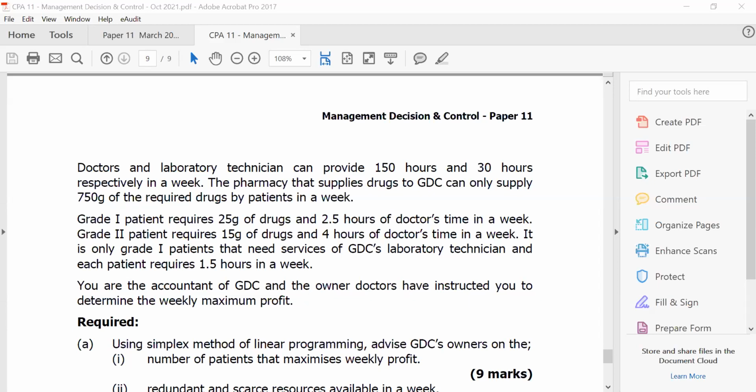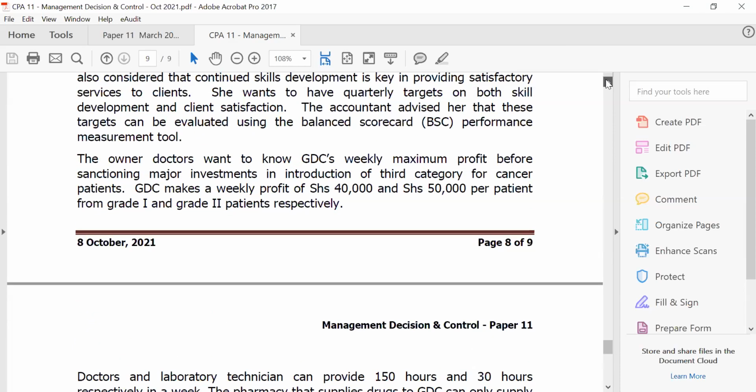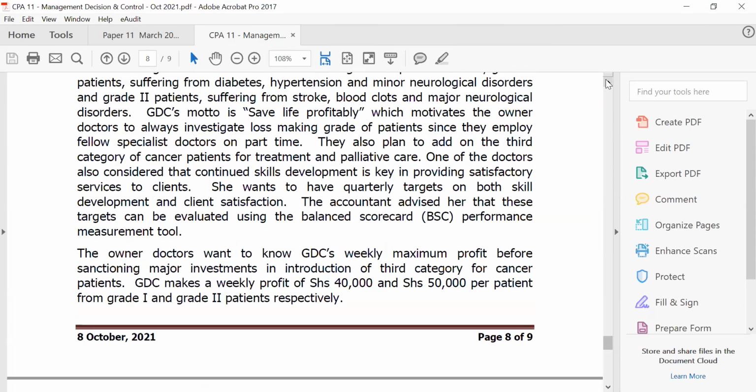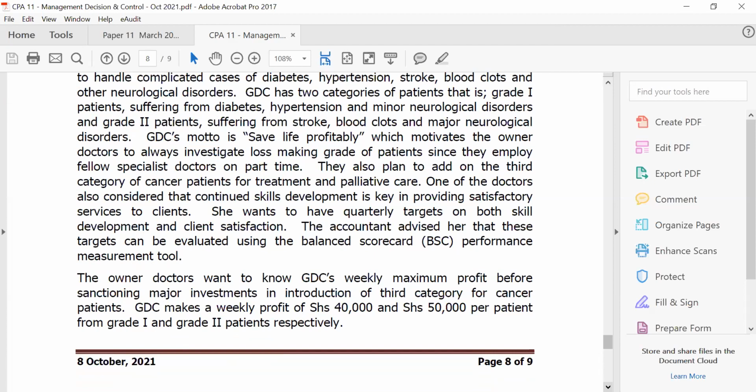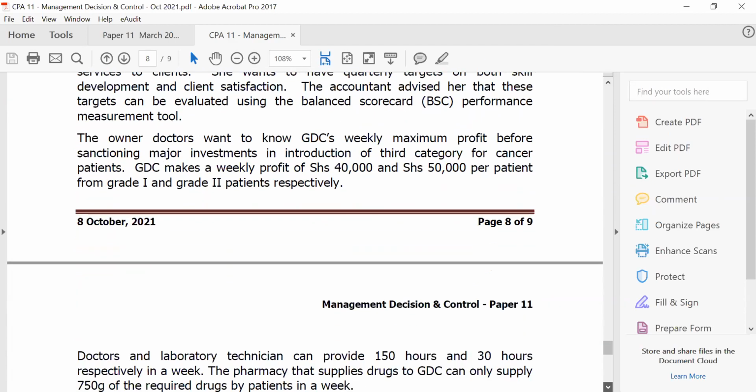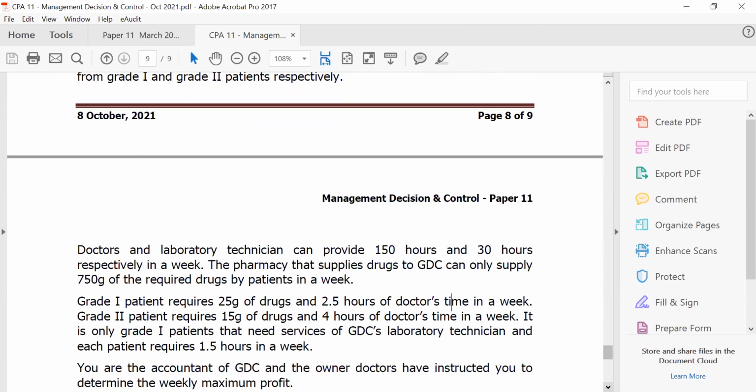So for us to better change this into the information we want, we have two products right now, okay? We have two products, and those two products are basically the patients that we serve. So we have grade 1 and grade 2.